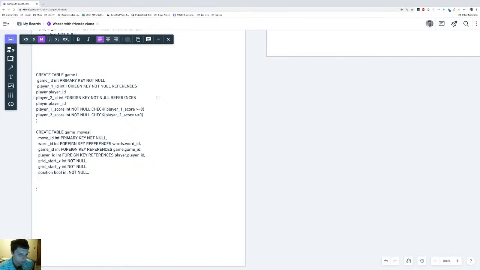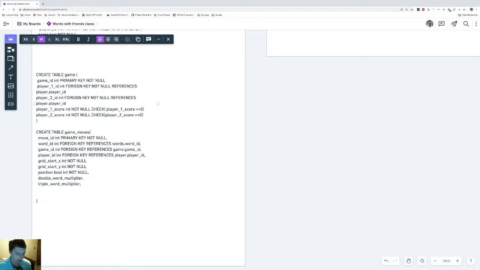So we could say something like a double word multiplier, or you can also have a triple word multiplier.